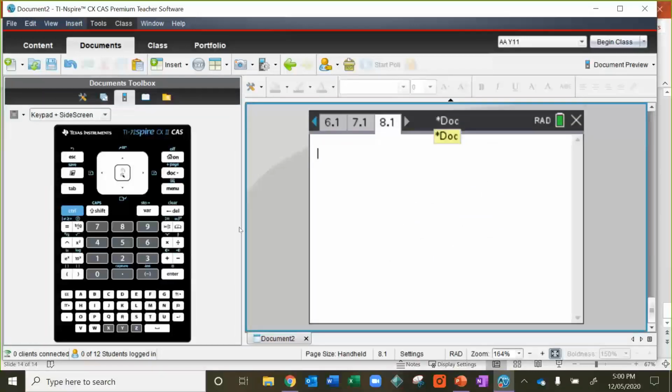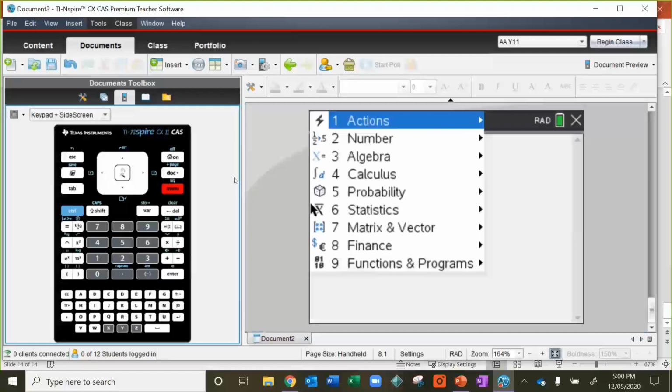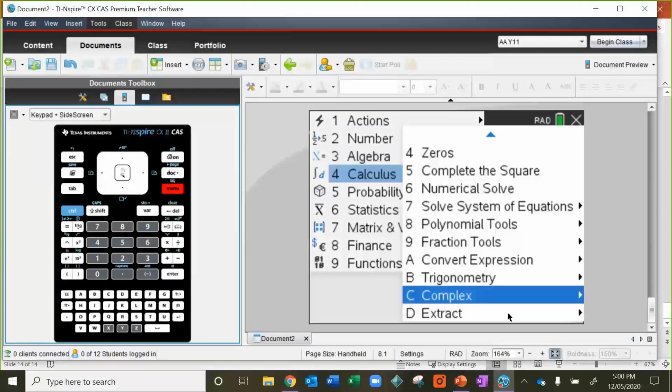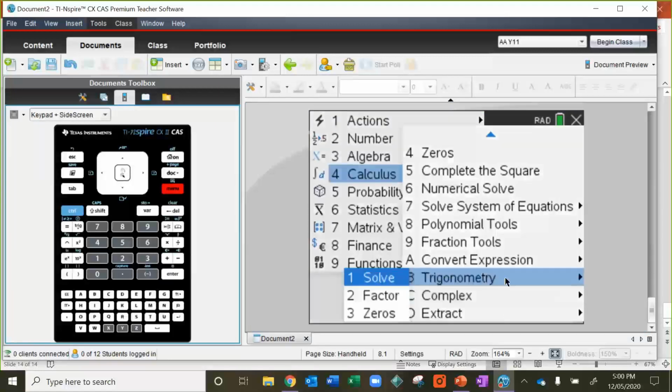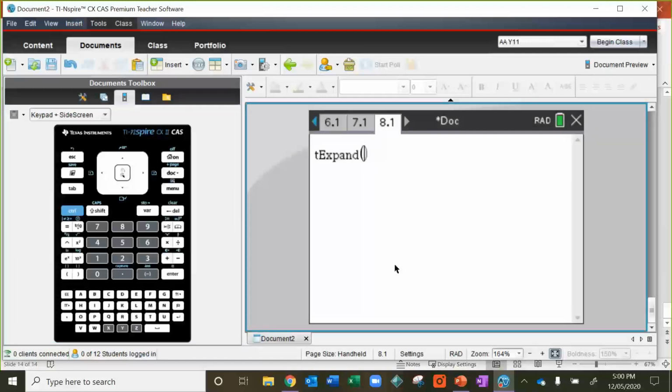So let's see how the calculator will help with simplifying the numerator. If we go to menu, algebra, and then trigonometry, we have expand. We don't use algebra expand, we need to use trigonometry expand. And we had sine of x plus y in the numerator plus sine of x minus y.